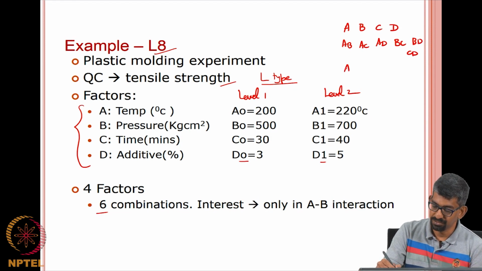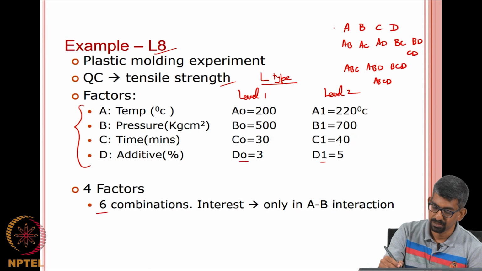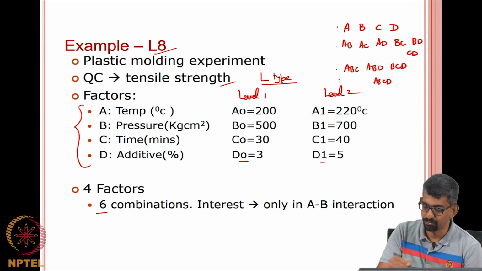Then the 3 factor combinations are ABC, ABD, BCD, and one 4 factor combination is ABCD. So, if you look at it, 4 plus 6 is 10, plus 3 is 13, plus 1 is 14.